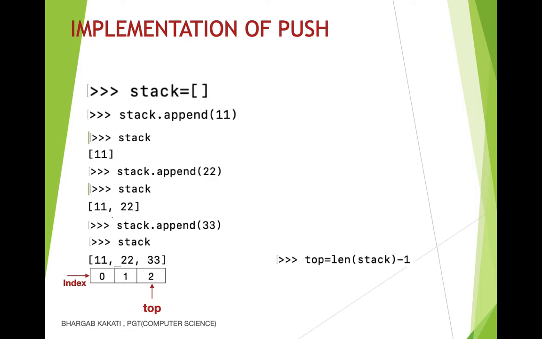There are 3 elements in the stack: 11, 22 and 33. But top will be 1 less than the number of elements because the counting starts from 0 in case of indexes. So I can find the top by len of stack minus 1. Therefore, the top value will be 2.